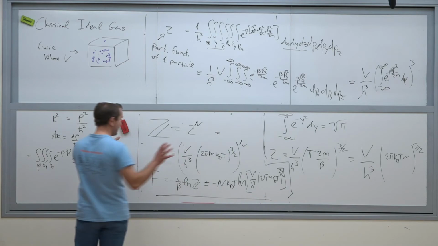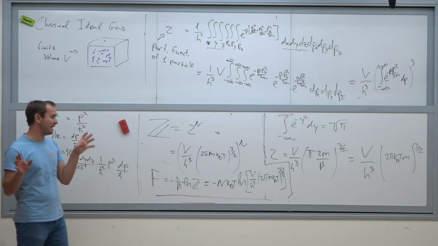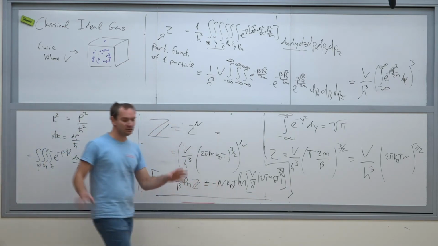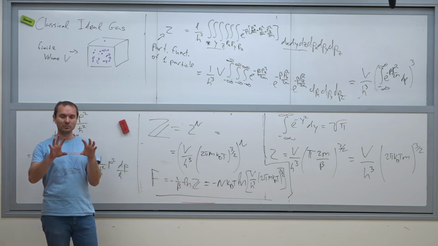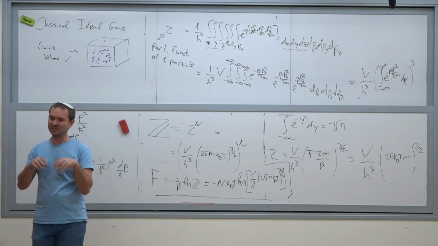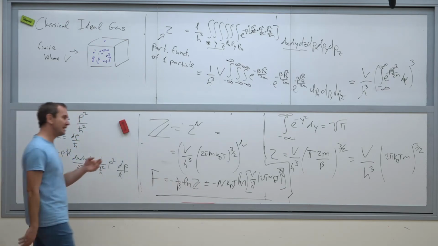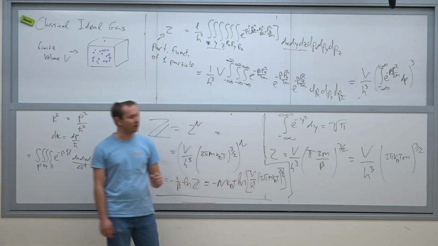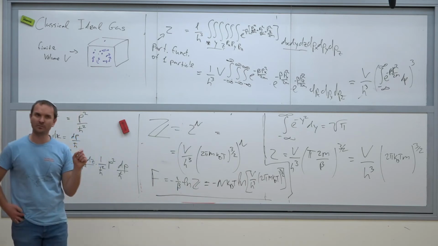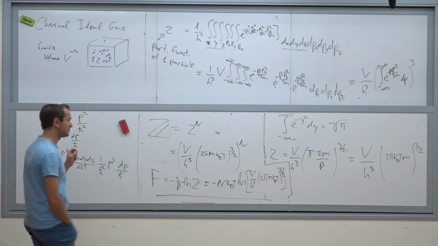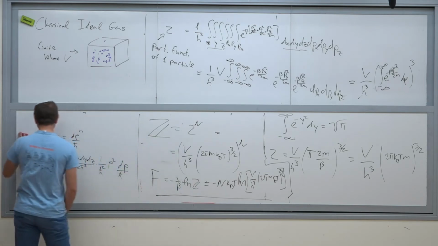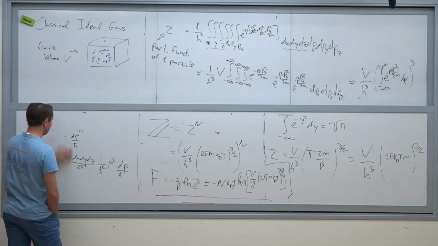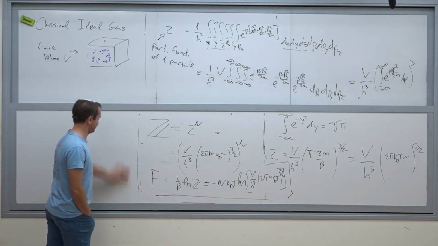So we take two systems, each of them has this free energy, we bring them together, the free energy now should be just 2 times the original one, and we won't obtain this because of the volume that sits inside the logarithm. So what went wrong, basically?